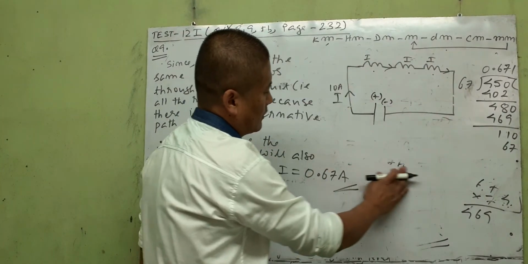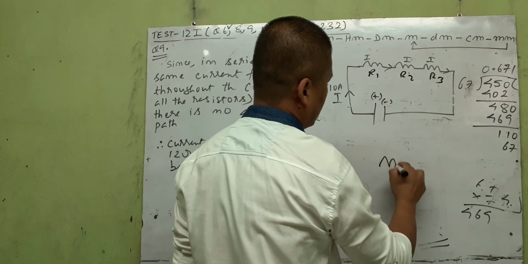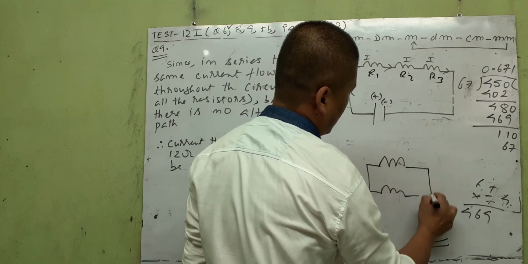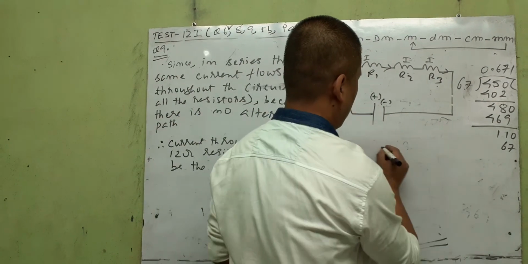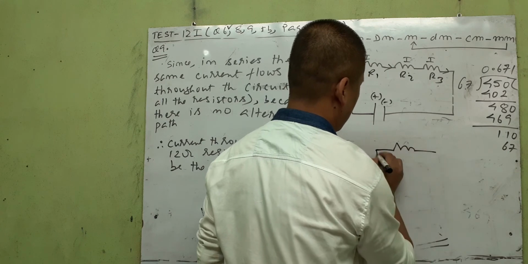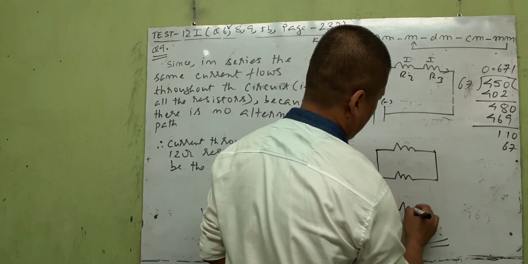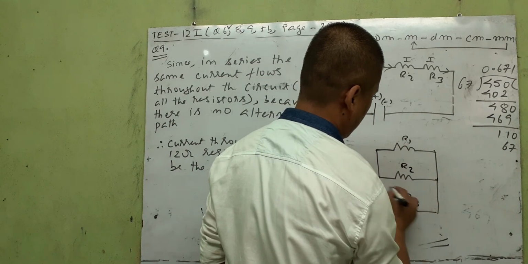But now you connect R1, R2, R3 in parallel. The difference is this. I'm explaining it once more so that we're clear about it. First one, second one, and third one: R1, R2 and R3.